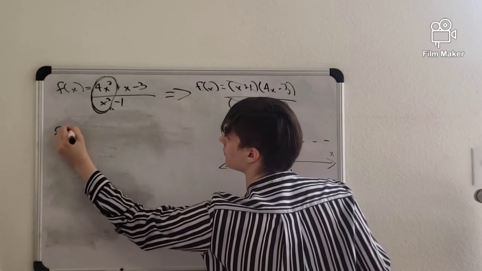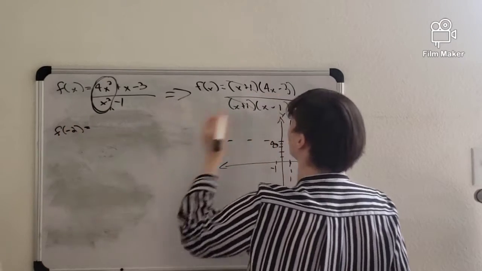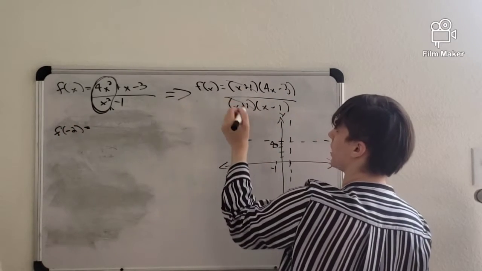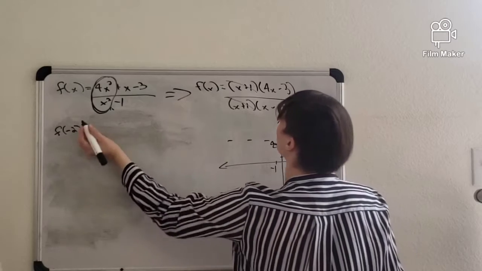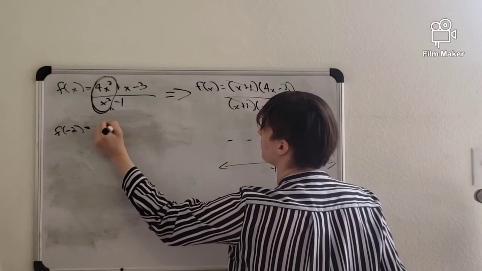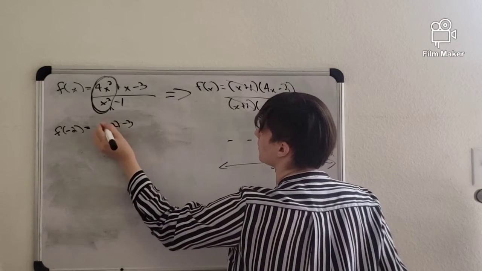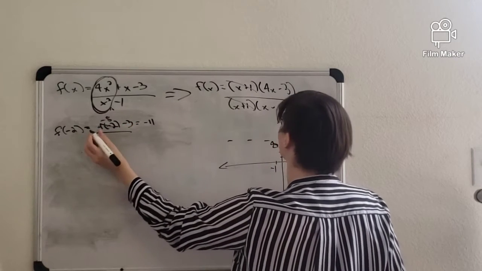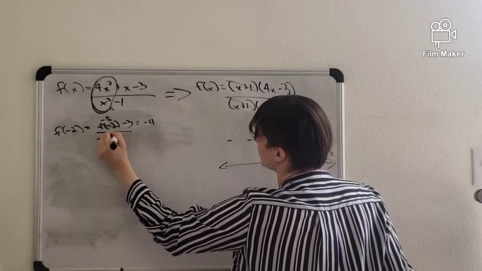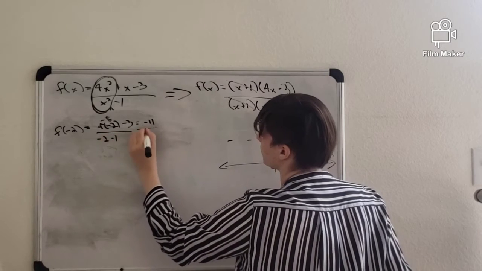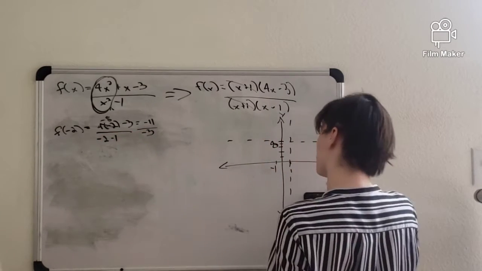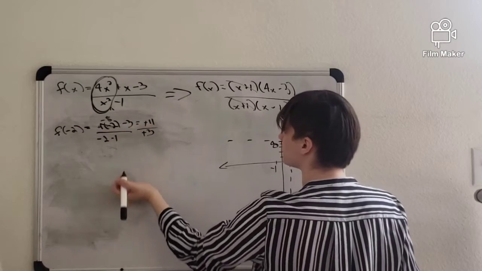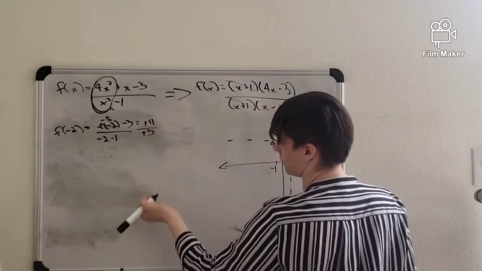So f of -2, and you can put it back in this equation because once again the x plus 1's cancel out to 1. So 4 times -2 minus 3, that's -8 minus 3 equals -11 over -2 minus 1 equals -3. So this is going to be positive on account of negative over negative.